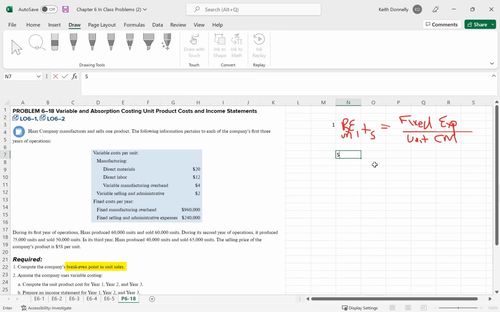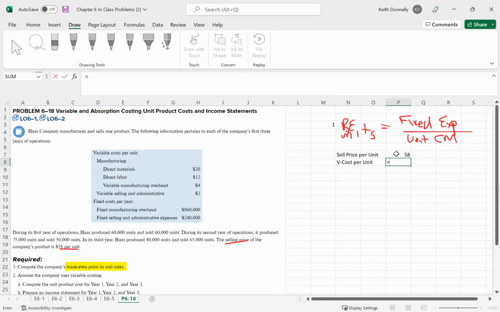Our selling price per unit, based on these facts, is $58 per unit. Then we have to back out our variable costs per unit.